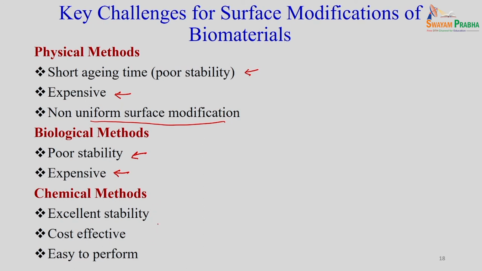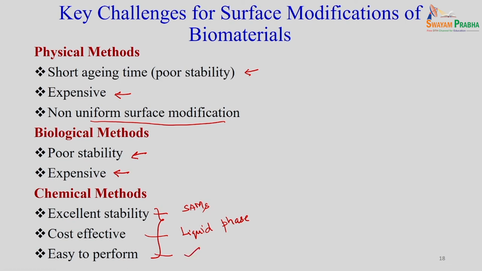Next comes the chemical method, which is more handy for biomaterials, because particularly with self assembled monolayers, it keeps the covalent linking. So, its coating is more stable. We are directly going for the liquid phase reaction, which is cost effective and easy to perform.